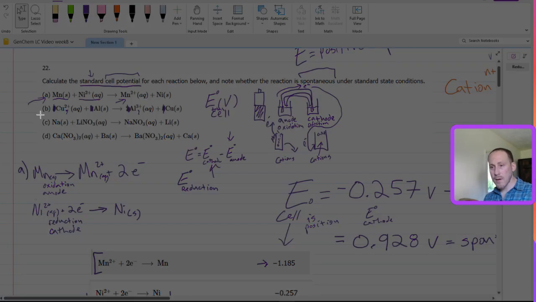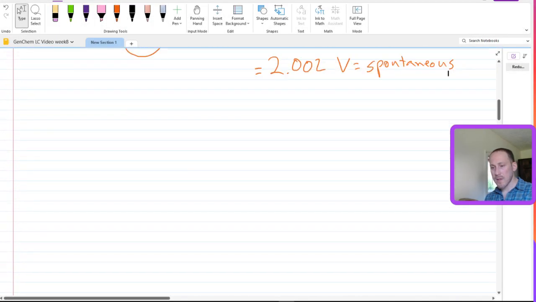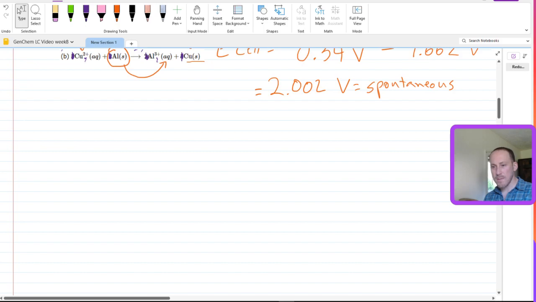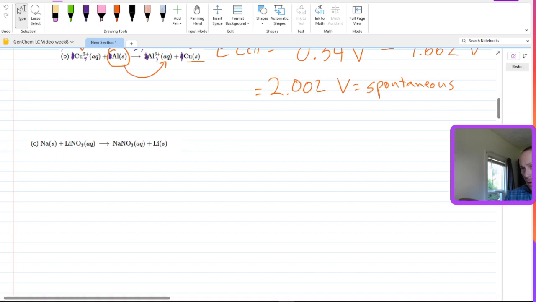So here, actually, something slightly tricksy about this one. So let us note that we have a compound ion here in this one too.